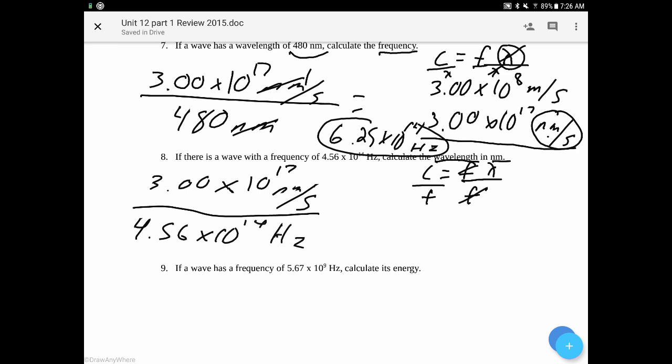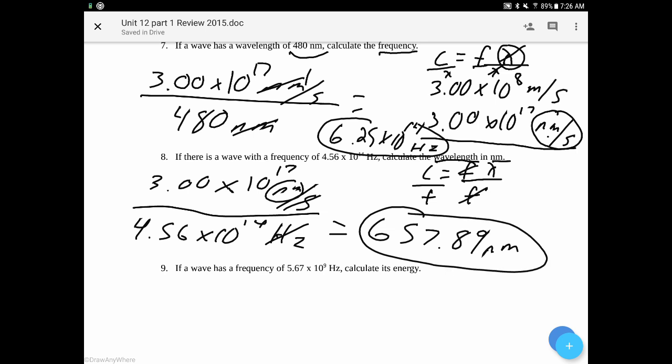We enter that in our calculator: 17 divided by 4.56 times 10 to the 14th, and we get 657.89. Hertz, like I said, is the same as per second, so hertz cancels out with per second, and we're left with nanometers. And there's our answer.